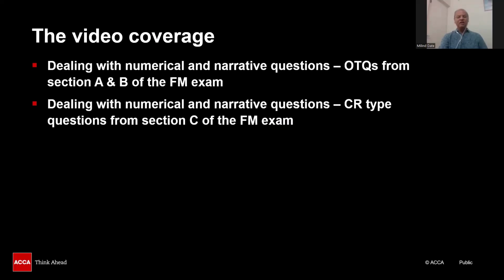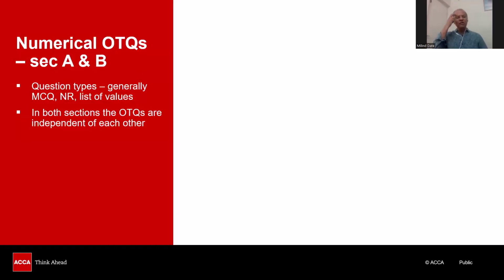So let's understand how the numerical questions in sections A and B are generally set. There could be question types in terms of multiple choice, where out of 4 choices, 1 is correct and the others are distractors. Number entry, where a box will be provided to you within which you have to type out a number.